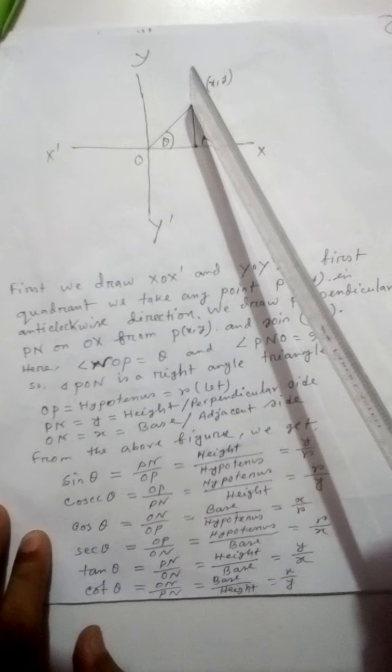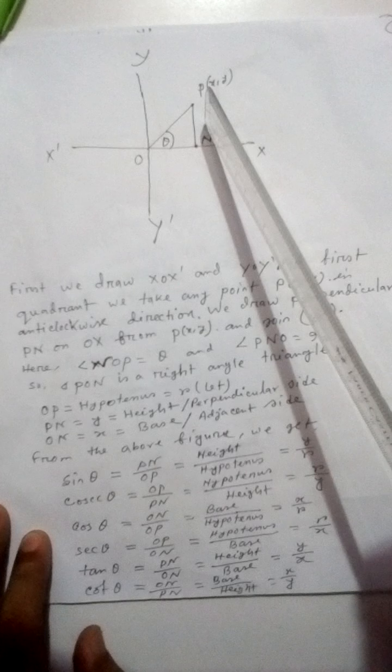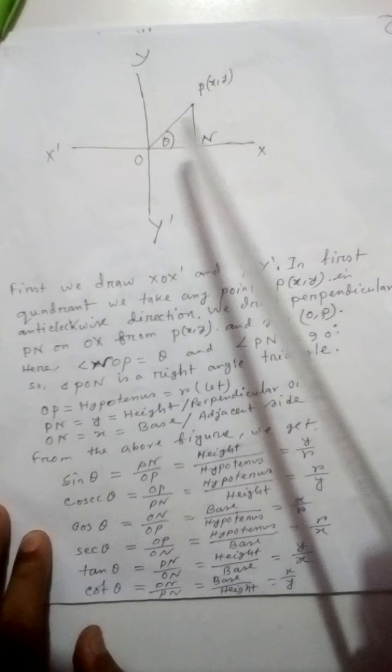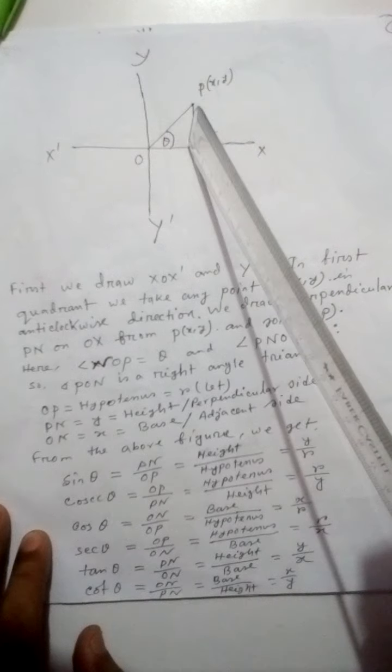Here OP equals hypotenuse equals R, let PN equal Y, the height or perpendicular side, and ON equal X, the base or adjacent side. From this figure we get sin theta equals PN divided by OP, that means height divided by hypotenuse equals Y divided by R.